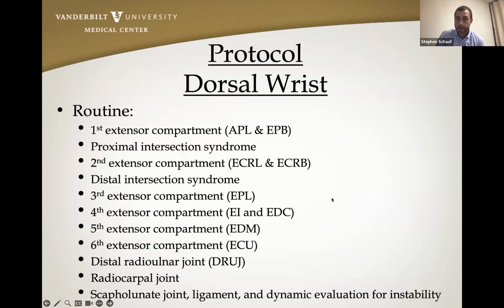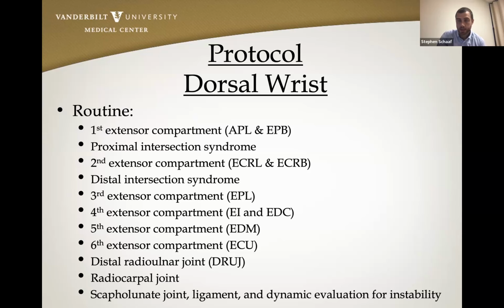All right, so like some of the other talks, especially the one that we just had last week, this is still the typical protocol that I'm going to be using for the dorsal wrist, especially if I'm concerned for any type of carpal instability. For this protocol, I'm going to be going through the entire six extensor compartments, as well as evaluating for any type of intersection syndrome that can occur both proximally and distally in these areas.